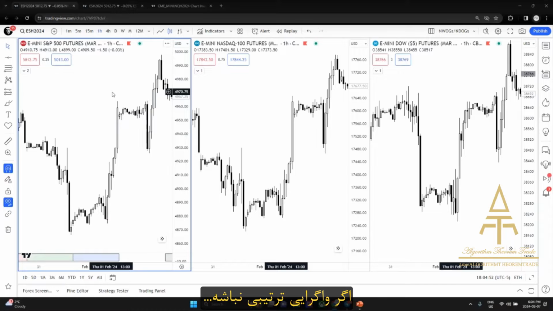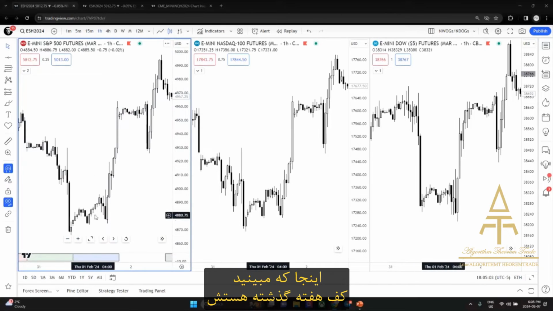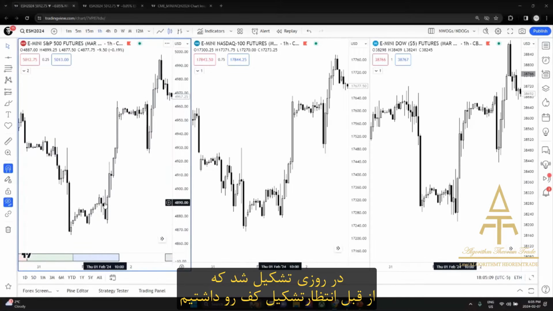If there's no sequential SMT, the chances of it reversing are very, very slim, right? So this is the low of the week, which formed, I believe, last week, when we expected it to form, on the days which we expected it to form as well.